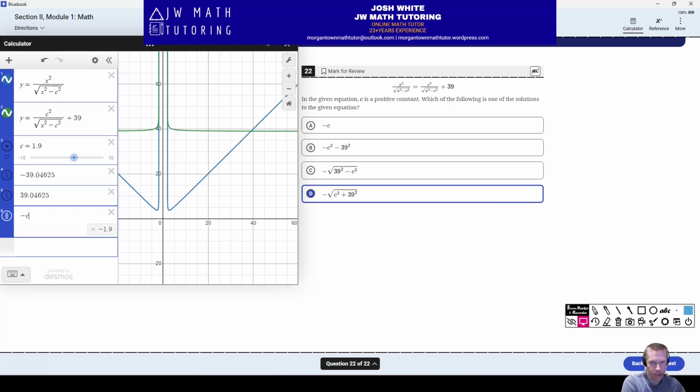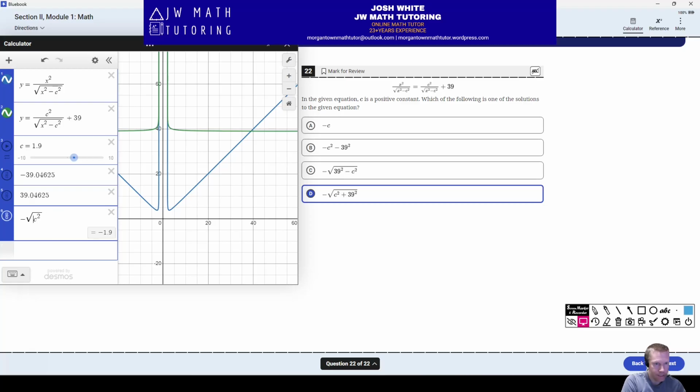So A, does that equal it? Nope. Okay, does B equal that? Nope. All right, let's go to C. 39 squared minus C squared. No, kind of close, but no, it's not the exact same number. That's what we're looking for.